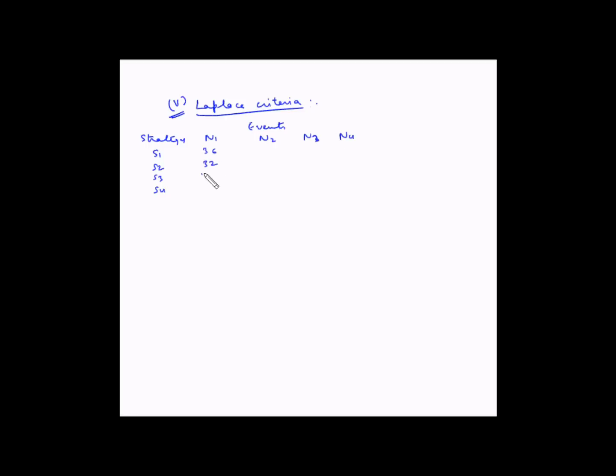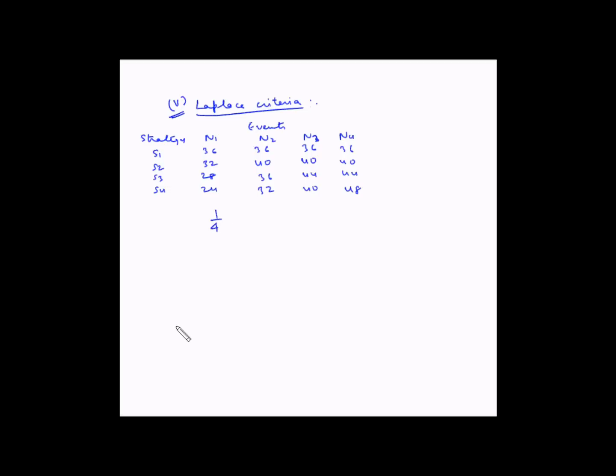36, 32, 28, 24, 36, 40, 36, 32, 36, 40, 44, 40, 36, 40, 44, 48. Now since here there are 4 events and each has to assume an equal probability of occurrence, the probability of each event to occur is 1 by 4.